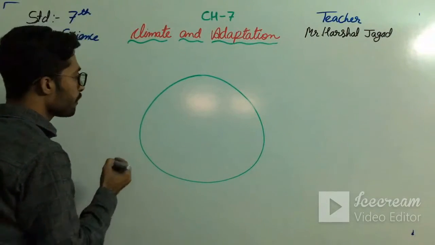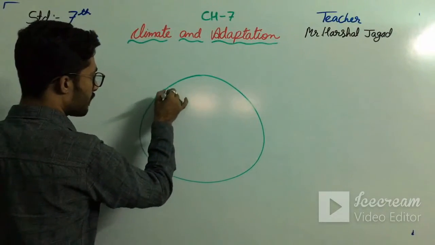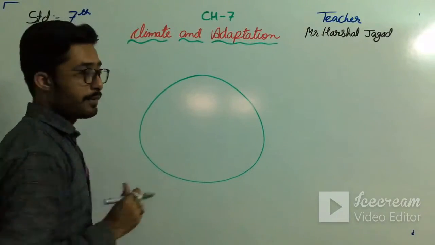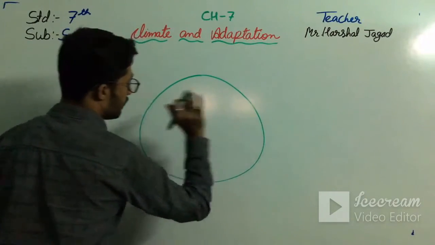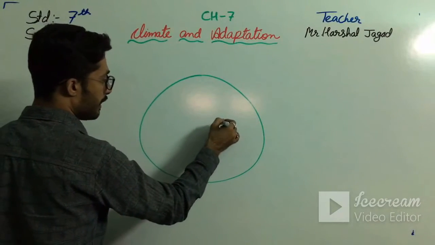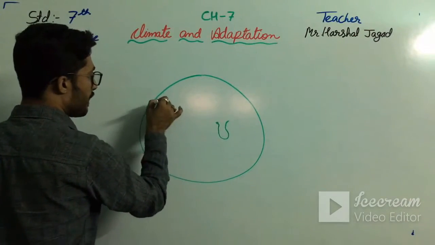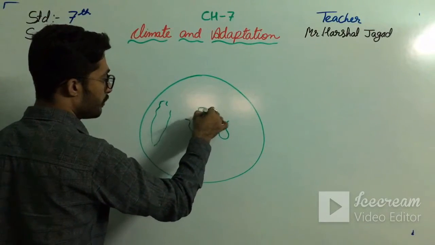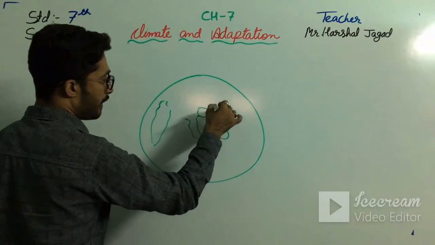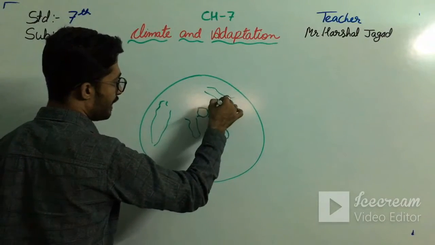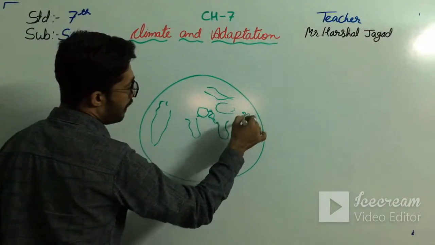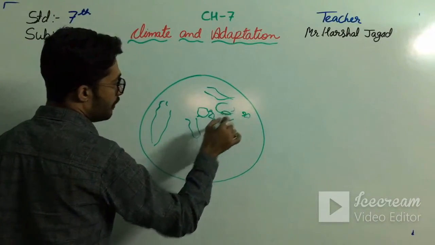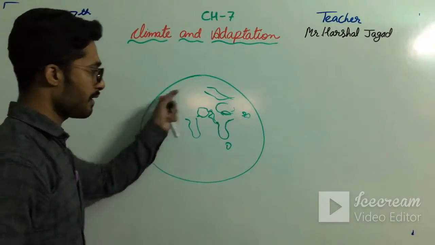Okay students, you have to imagine this in 3D shape. Then here you can see India, and here are some of the Canadian countries, South Africa, Saudi, and here is Pakistan, above it Russia, here is China, Japan, Sri Lanka, and here is Nepal, Tibet also. So these are some of the places.